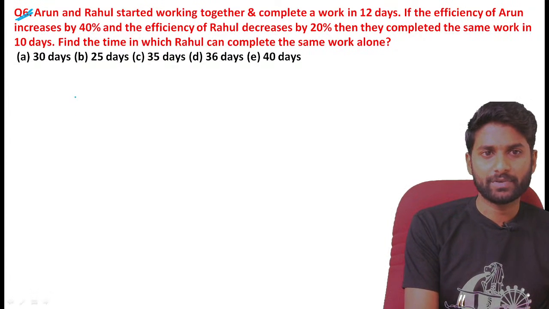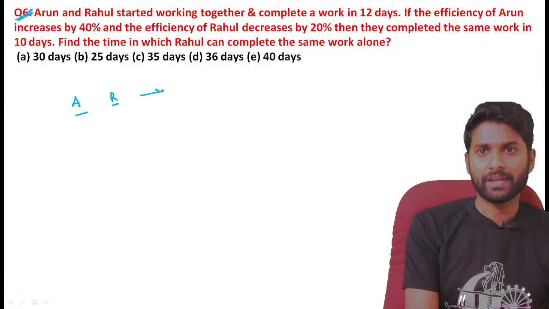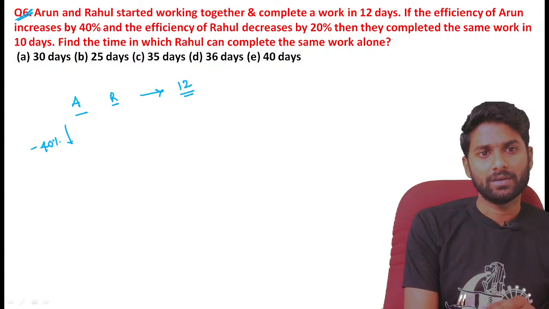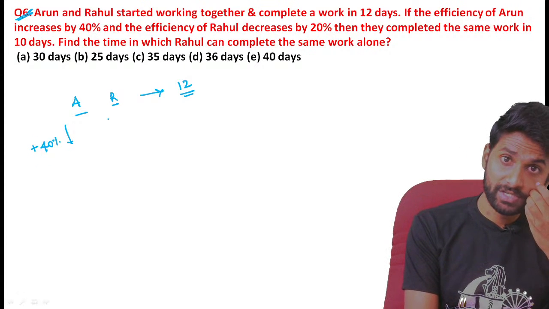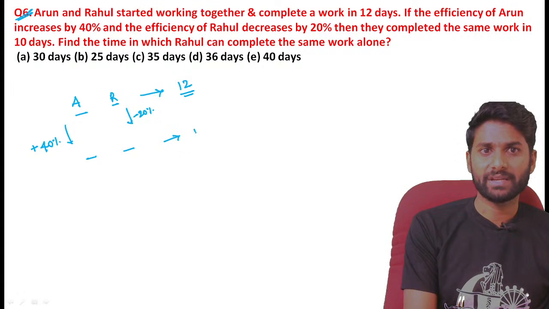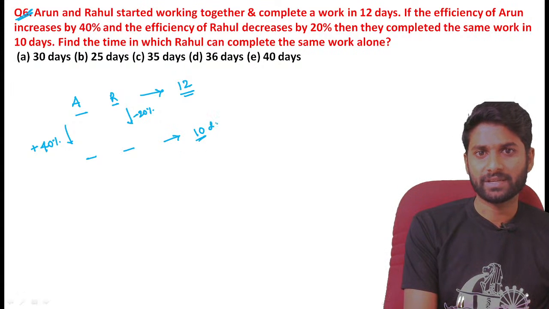See, there are two persons, Arun and Rahul, and both are working together. They complete the work in 12 days. Now the efficiency of Arun increases by 40%, and the efficiency of Rahul decreases by 20%. Now, the same Arun and Rahul working together, the work is completed in 10 days.